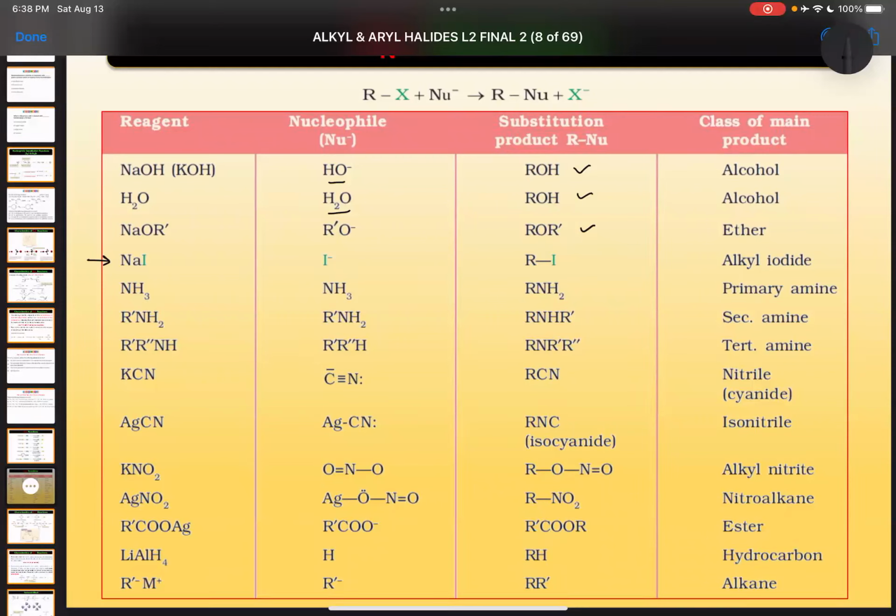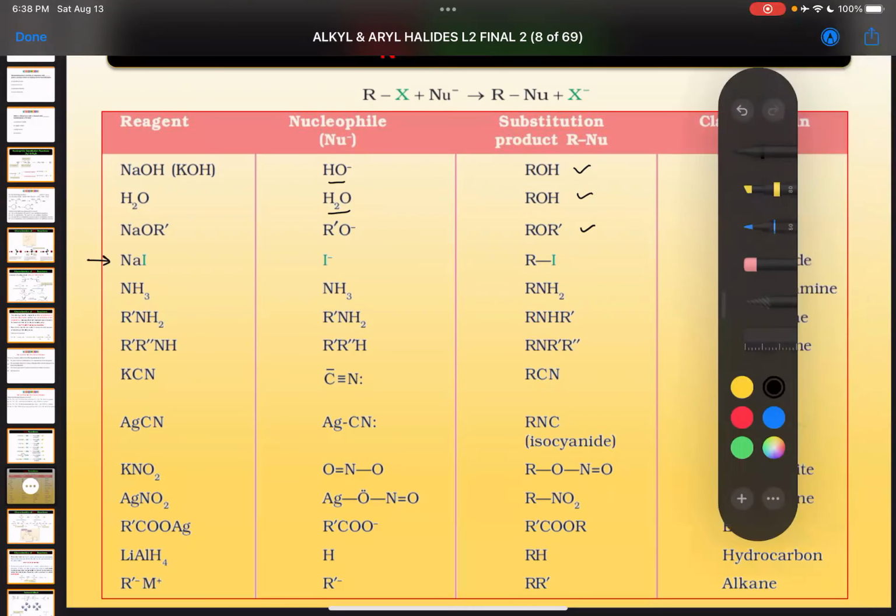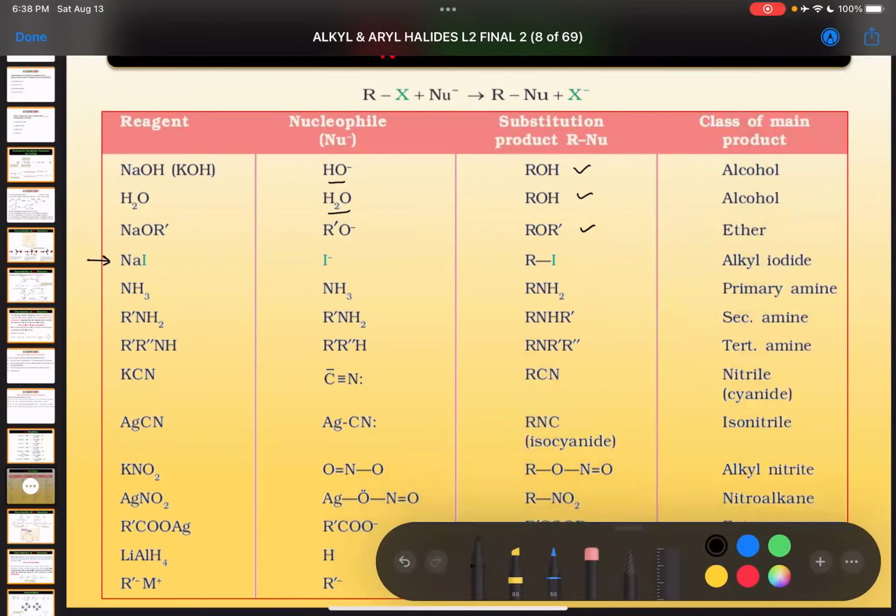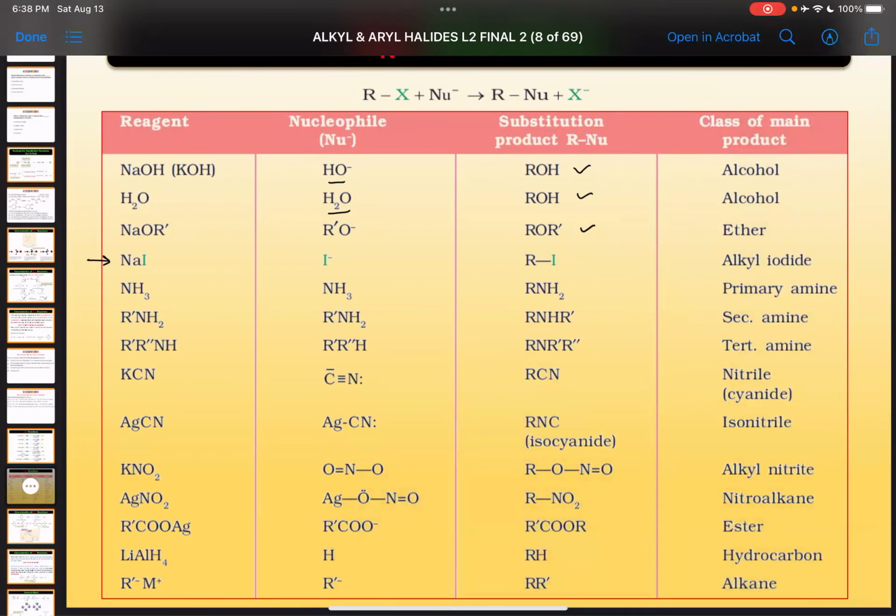It is very important. It is a nucleophilic substitution reaction, but when you substitute chloride and bromide by iodide, what was the name? Just try to recall it. We were not able to prepare iodides directly. That was the problem with iodides. Iodides can't be prepared by sunlight and taking I2 and alkane, because the reaction was reversible.